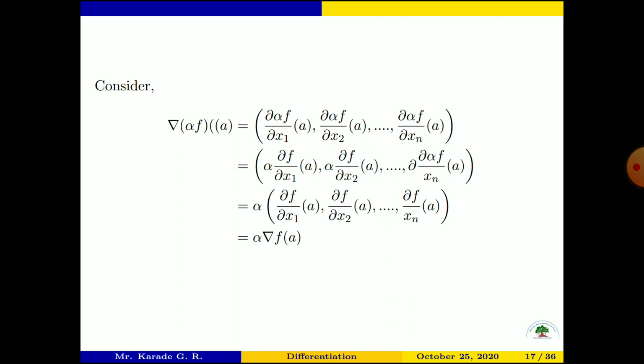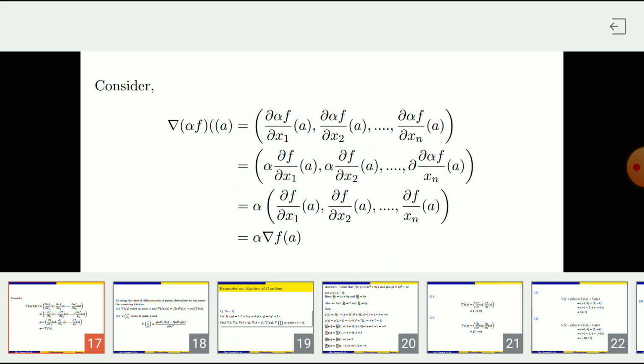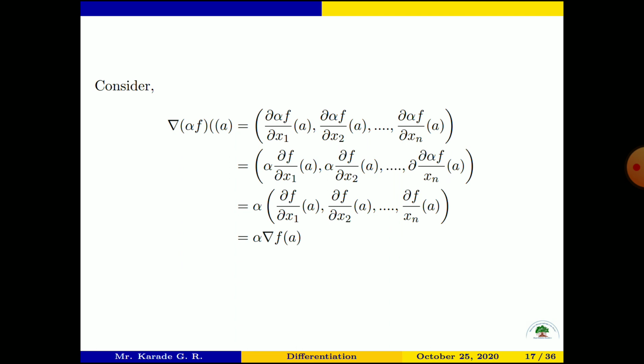So let us prove the main part. Consider the gradient of alpha f at point A, which is equal to the vector of partial derivatives of alpha f with respect to x1, x2, dot dot dot, xn at point A. These are the partial derivatives of the alpha f function.